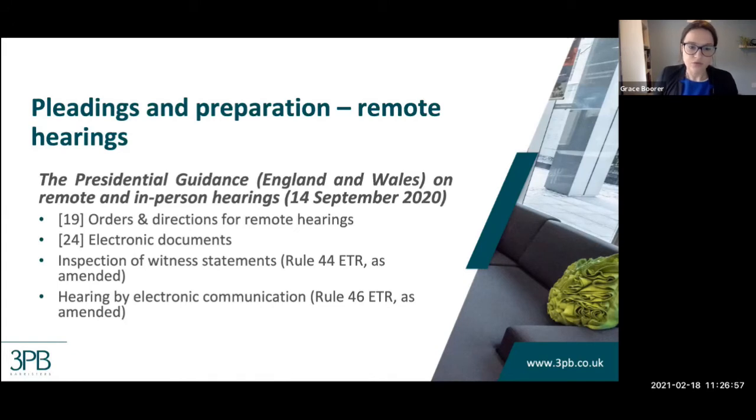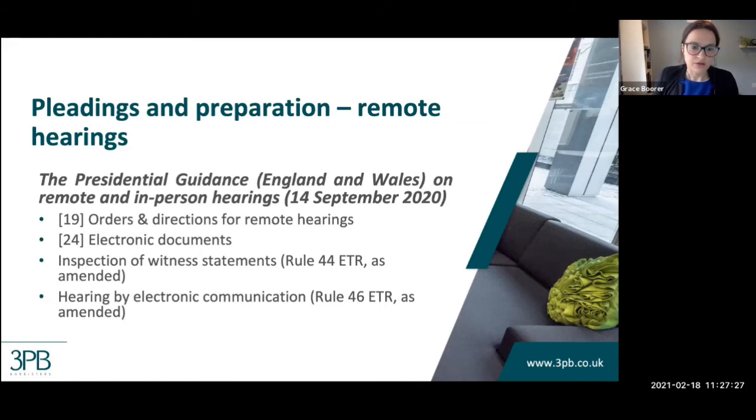And also Rule 46 is useful because it sets out the determination of when a hearing by electronic communication, which includes all remote hearings and telephone hearings, can be used. And the test there is essentially when the tribunal considers it will be just and equitable to do so, provided that the parties and members of the public are able to hear what the tribunal hears, and so far as practicable, see what can be seen by the tribunal.